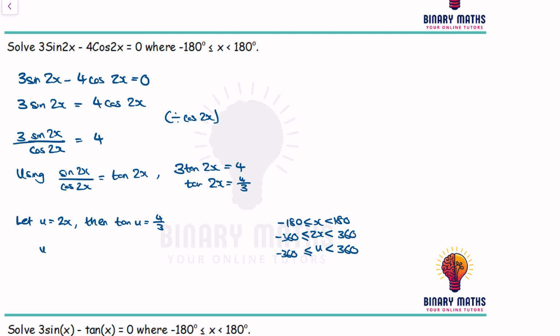So if I do inverse tan, then the first u value I get is 53.1301 degrees. Now because it's a tan graph, remember the tan graph repeats itself every 180.